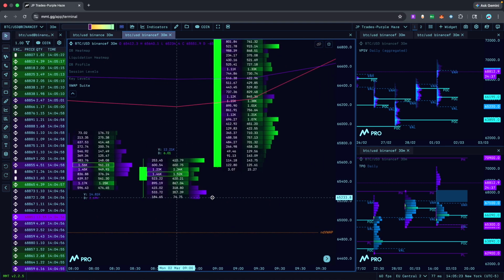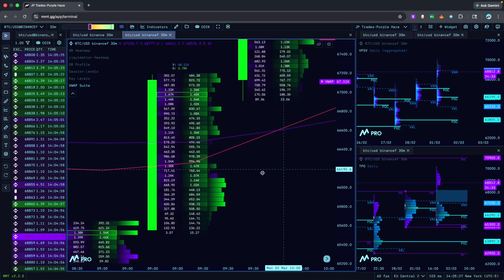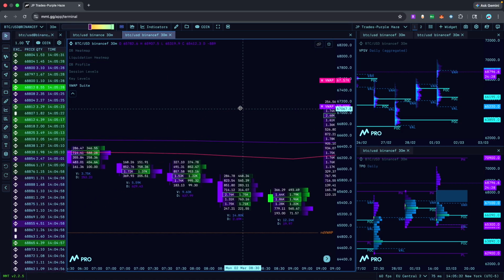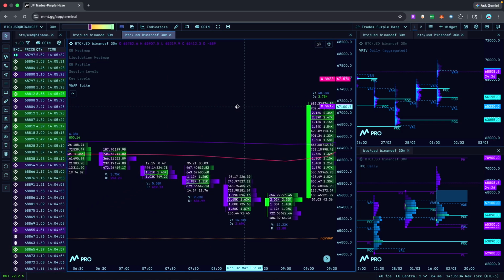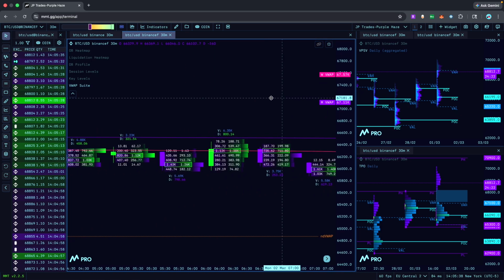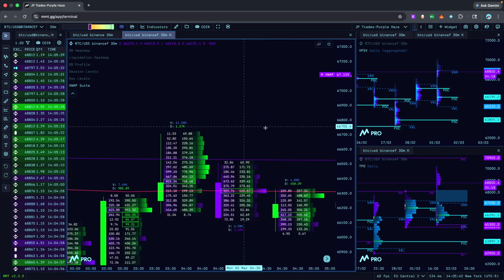So that gives us the flexibility to see broader aggregation during expansion and finer detail during compression, all on the fly, instead of constantly adjusting a fixed tick parameter as volatility changes. So this makes it much easier to use across different time frames and different zoom in and zoom out levels.